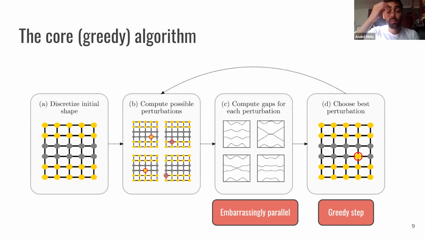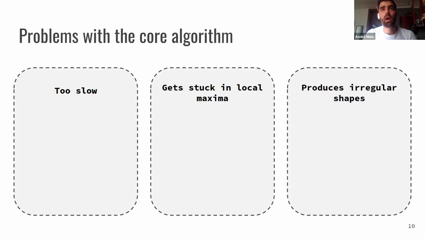So we went ahead and implemented this, and it worked, but it had a few problems still. So now I'm going to show you what those problems were and introduce modifications to the algorithm that solve these problems, and basically with these modifications we get the final algorithm that we show in the paper.